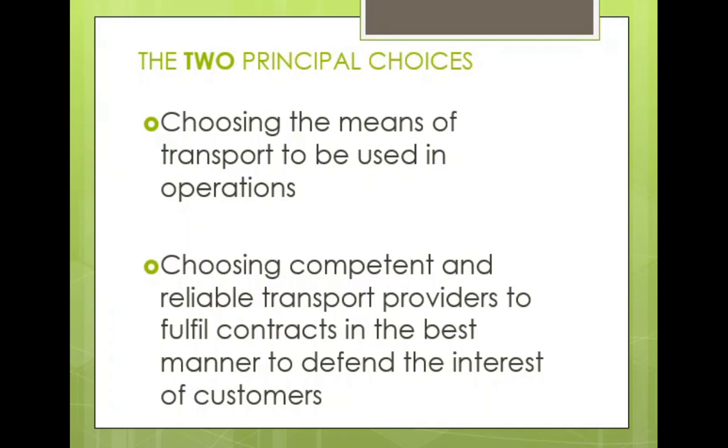If a forwarder has their own means of transport, then that would be great. If not, as usual, the forwarder would have to choose very competent and reliable transport providers in order for them to transport the cargo.